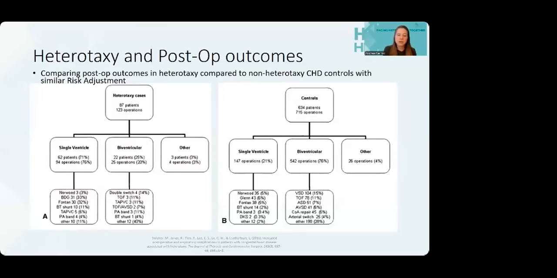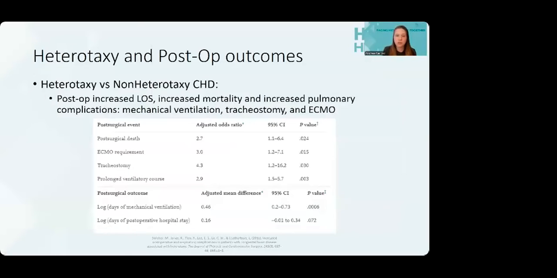So we're equally severe types of congenital heart disease, but some with and some without heterotaxy, and compared outcomes in those two groups. They found that those with heterotaxy as compared to non-heterotaxy congenital heart disease had more respiratory complications like needing mechanical ventilation, tracheostomy placement, and ECMO, as well as having increased mortality and longer lengths of stay in the hospital compared to those without heterotaxy in congenital heart disease.